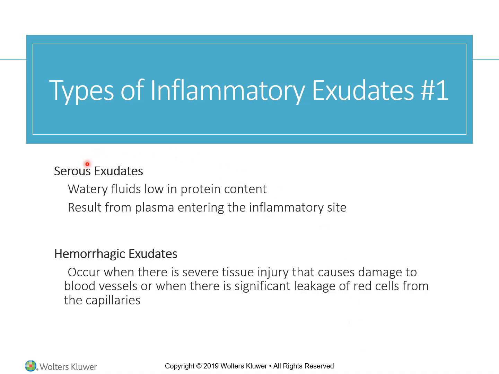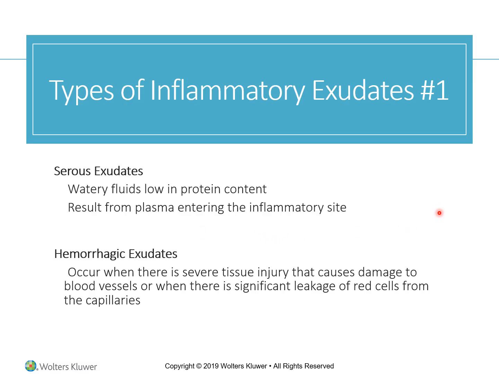Sometimes our exudates are what we call serous exudate. This is a really common exudate, maybe following surgery or trauma. These are sort of watery fluid. They're relatively low in protein content. These are formed when plasma enters the inflammatory site.